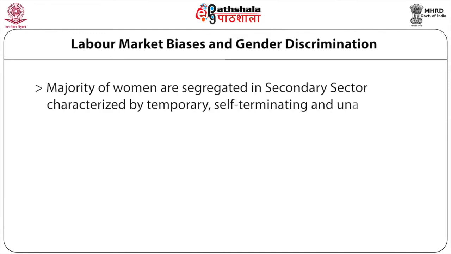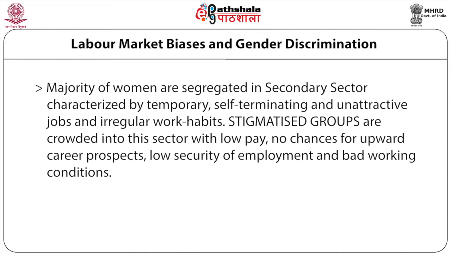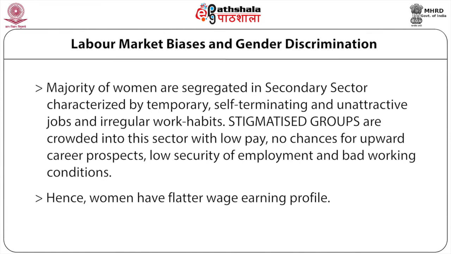The majority of women are segregated in the secondary sector, characterized by temporary, self-terminating, unattractive jobs and irregular work habits. Stigmatized groups are crowded into this sector with low pay, low chances of upward career prospects, low security of employment and bad working conditions. Hence, women have a flatter wage earning profile, and here comes the role of collective bargaining.